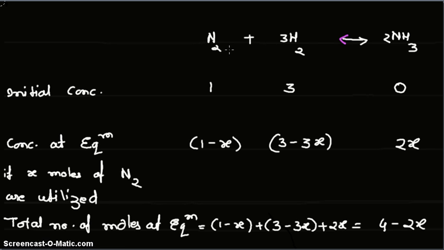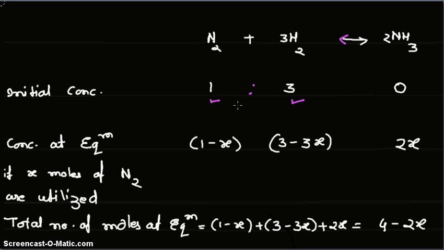They combine in the ratio of 1:3, and then they form 2 moles of ammonia correspondingly. So in the beginning, what would be the concentration of each gas? Nitrogen is present as 1, hydrogen 3, and ammonia, nothing. It is a product, so nothing in the beginning.